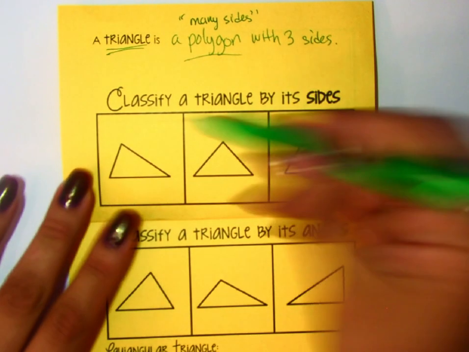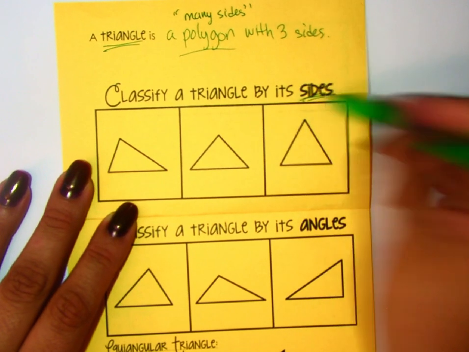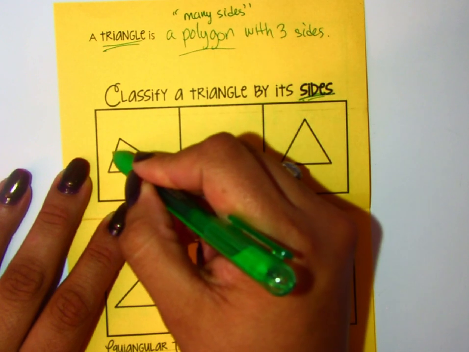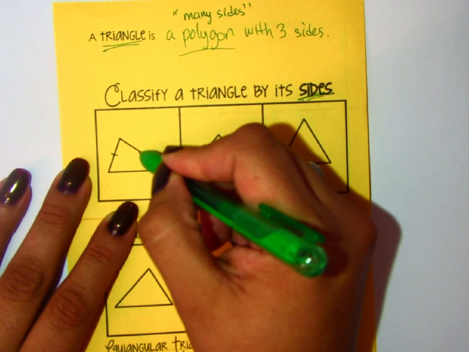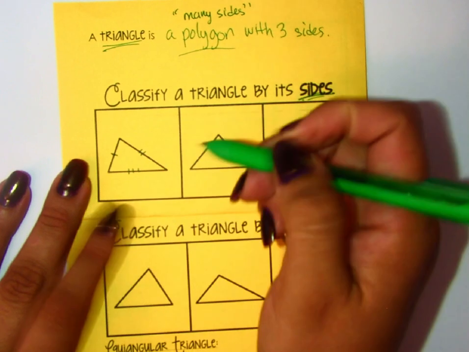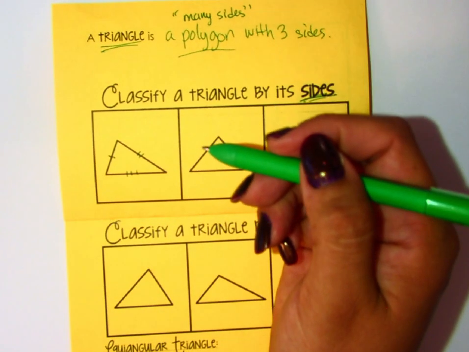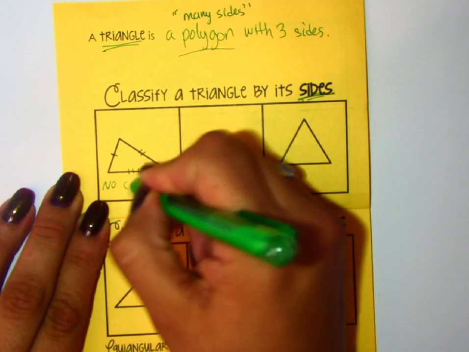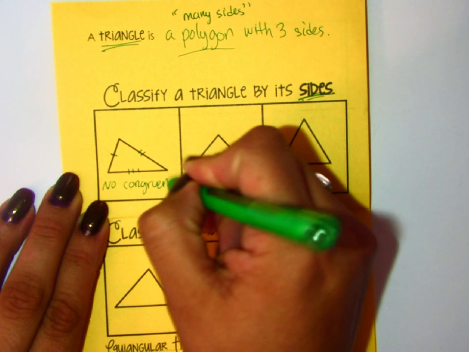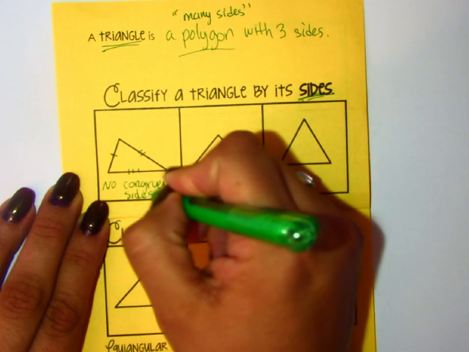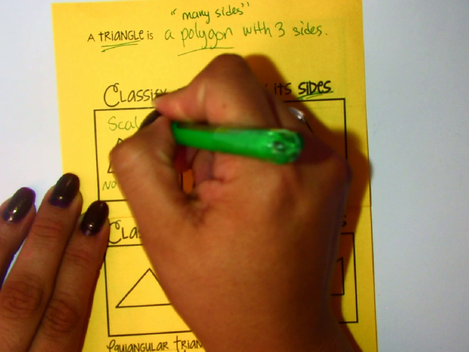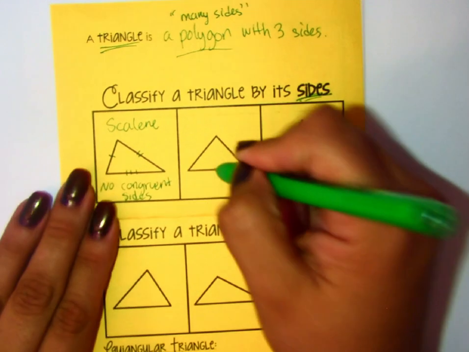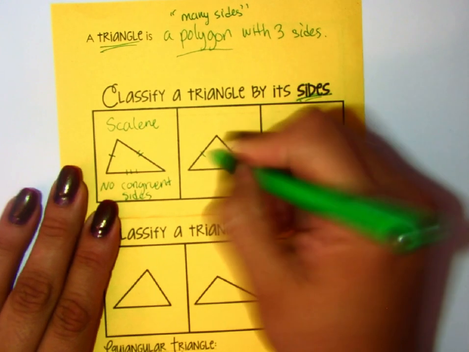You could classify triangles based on the number of the sides or the types of sides that they have. This one right here, this side length, and this side length, and this side length are three different measures, three different amounts. So this one, we can say that there's no congruent sides. And the name for this, it's scalene. On the next one, we can say that these two sides are congruent.